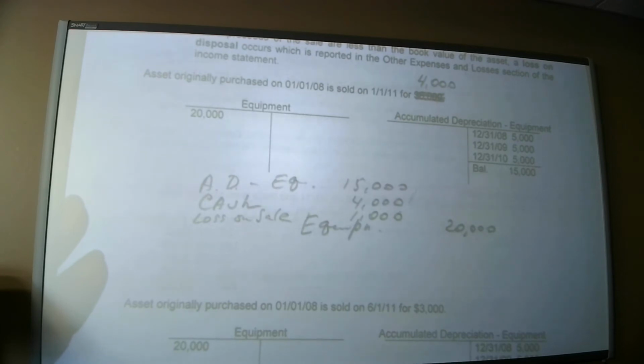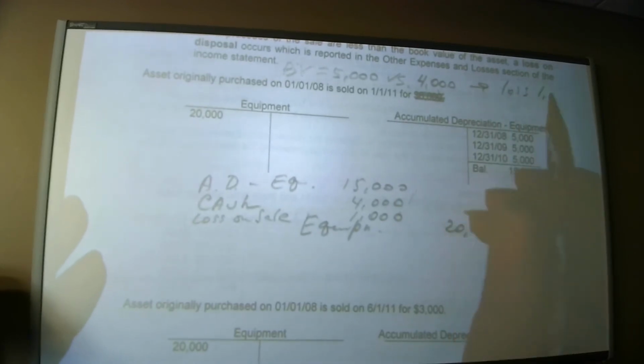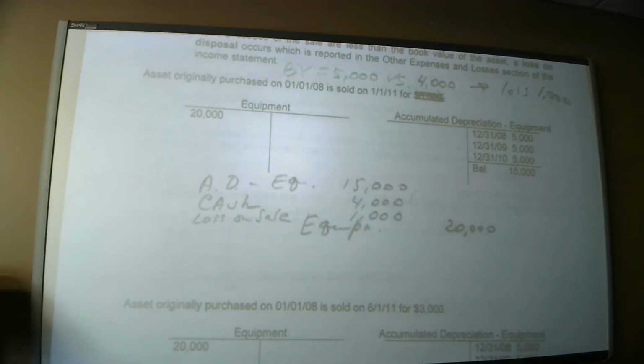Loss on sale, $1,000. And again, book value is 5. Book value equals 5 versus your cash proceeds of 4, gives you a loss of 1,000. Okay, make sense?